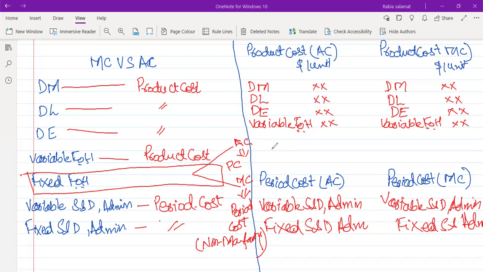When accounting treatment differs, your profit will differ. In absorption costing, we will absorb fixed factory overhead in product cost. But in marginal costing, we will treat the fixed factory overhead as a period cost.